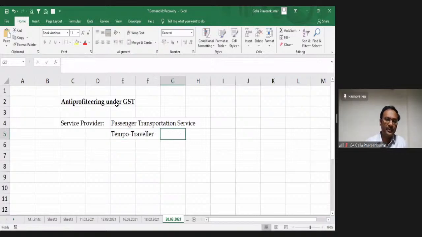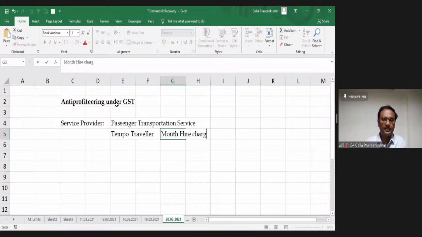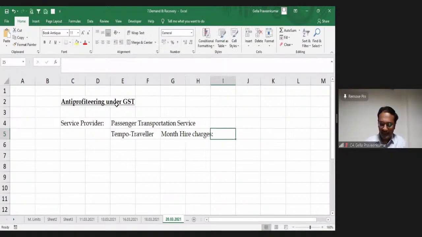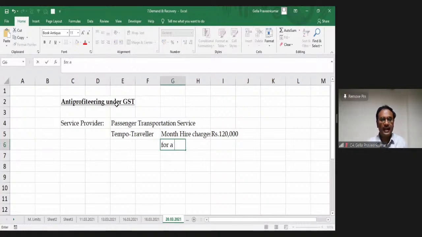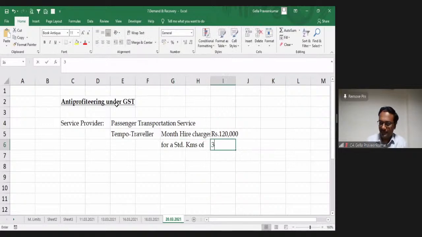Given on hire. This tempo traveler, they say, per month hire charges, they quote rupees, say, 1,20,000. They say my monthly hire charges are rupees 1,20,000 for a standard of say 3,000 kilometers.